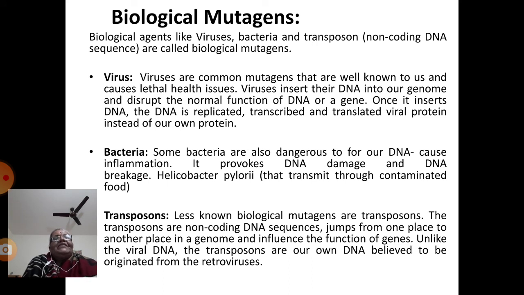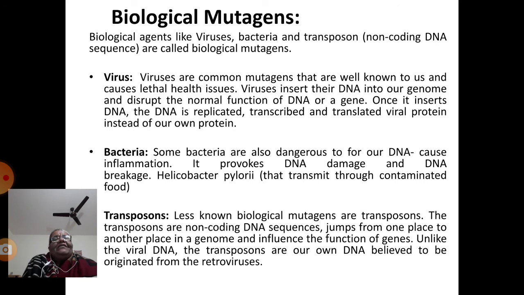Then bacteria. Some bacteria are also dangerous for our DNA. They cause inflammation, which provokes DNA damage and DNA breakage. Helicobacter pylori, which is transmitted through contaminated food, is responsible for the formation of ulcers in the alimentary canal. Then transposons, popularly called jumping genes.